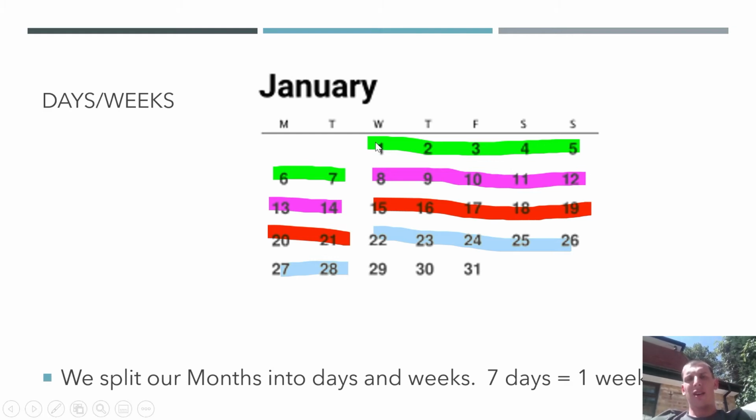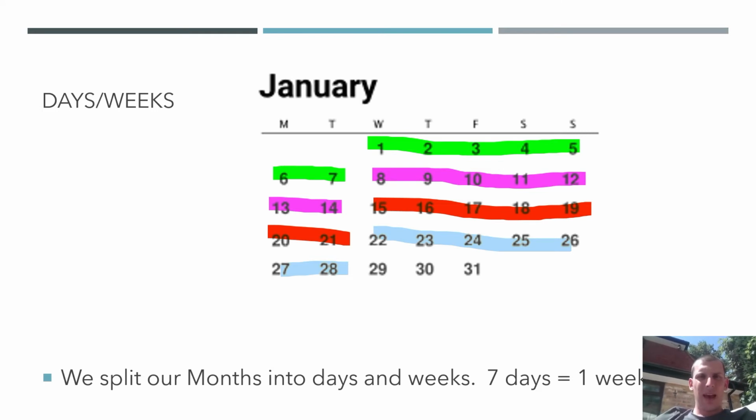I've highlighted it. This is 1 week, 7 days. So that's 1 week, 2 weeks, 3 weeks, 4 weeks, and then we've got a few days left over. So in January there are 4 weeks and 3 days. That shows you that you've got your years, you've got your months, and your months are split up into weeks and days.